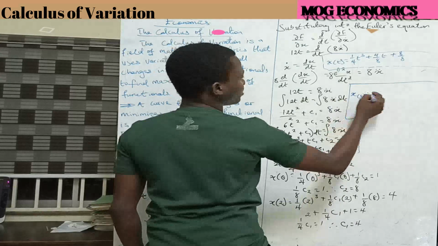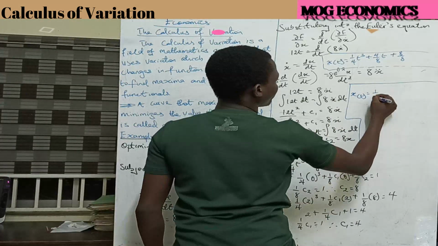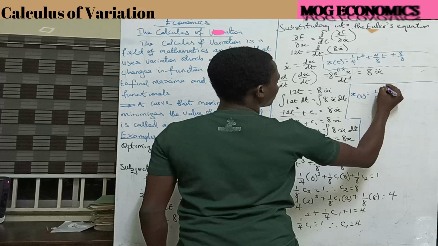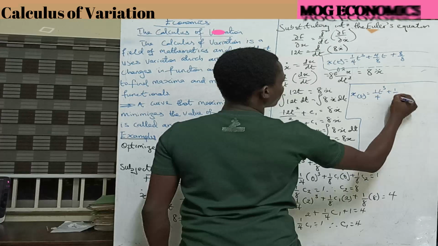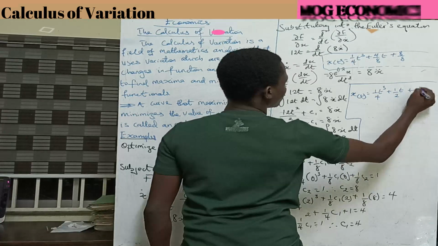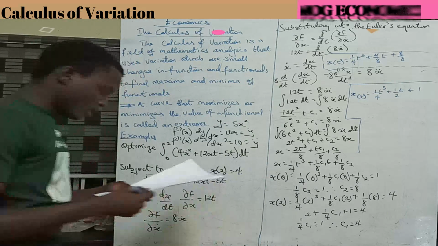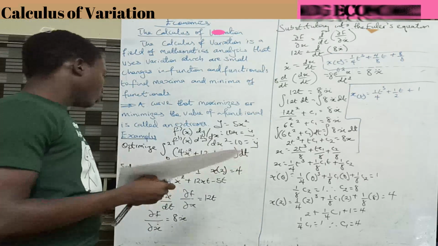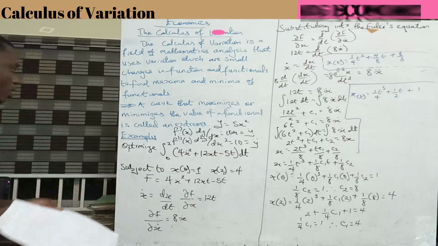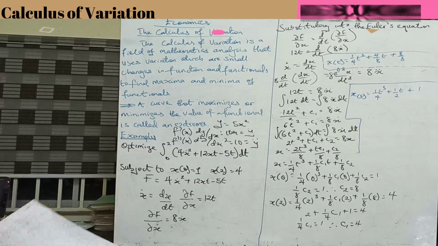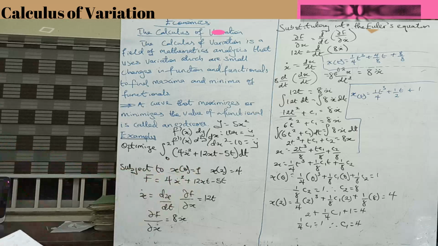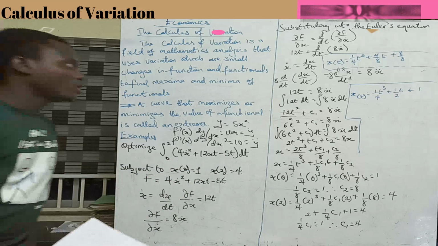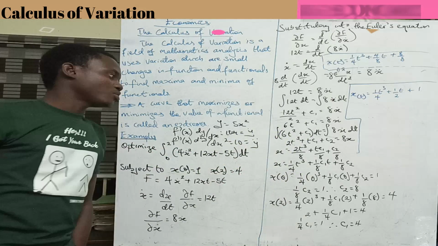So we can rewrite the whole thing as 1 over 4 t cubed plus 1 over 2 t plus 1. So that's the solution. We've been able to optimize this function subject to x0 equals 1, x2 equals 4. So that's the final solution.